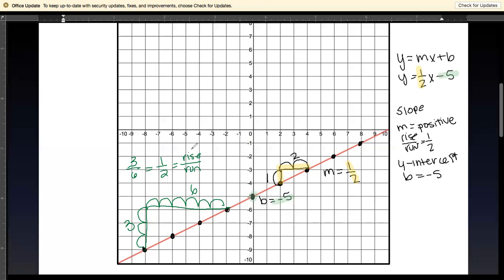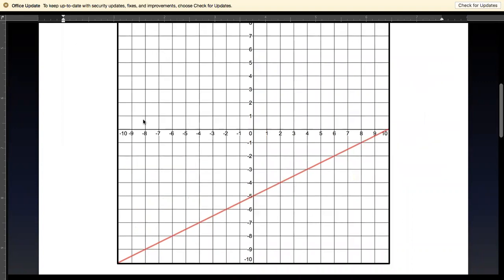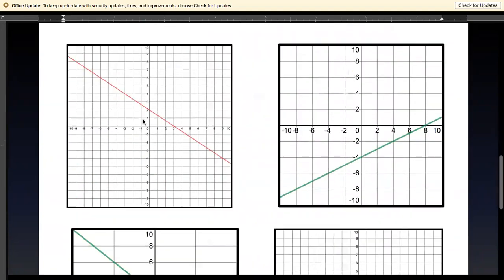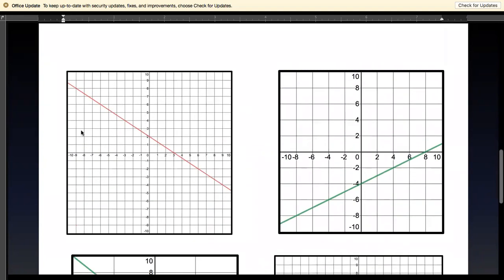All right, let's try another one. All right, so I'm going to do this graph right here. This first one, I think it's on the back of y'all's paper.